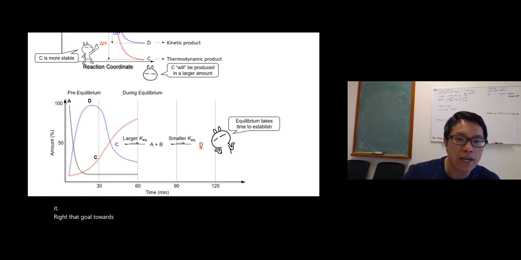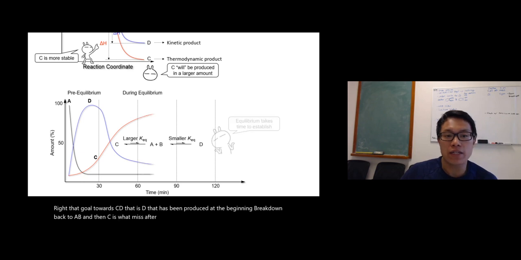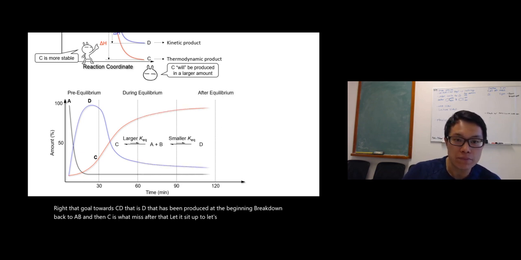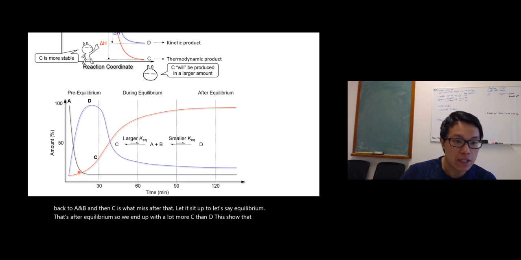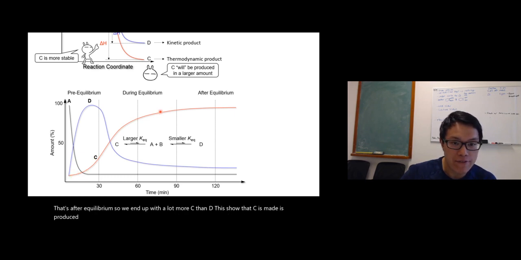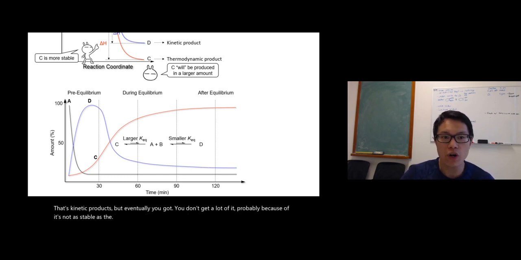D that was produced at the beginning breaks down back to A and B, and then C is made after that. After equilibrium, we end up with a lot more C than D. This shows that C is produced more slowly, but eventually you get more C than D. D gets produced quickly, that's the kinetic product, but eventually you don't get a lot of it because it's not as stable as C.